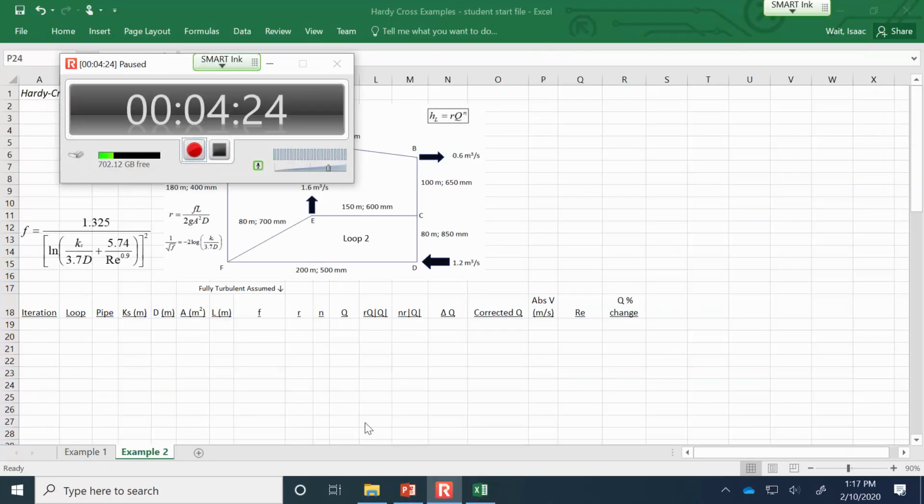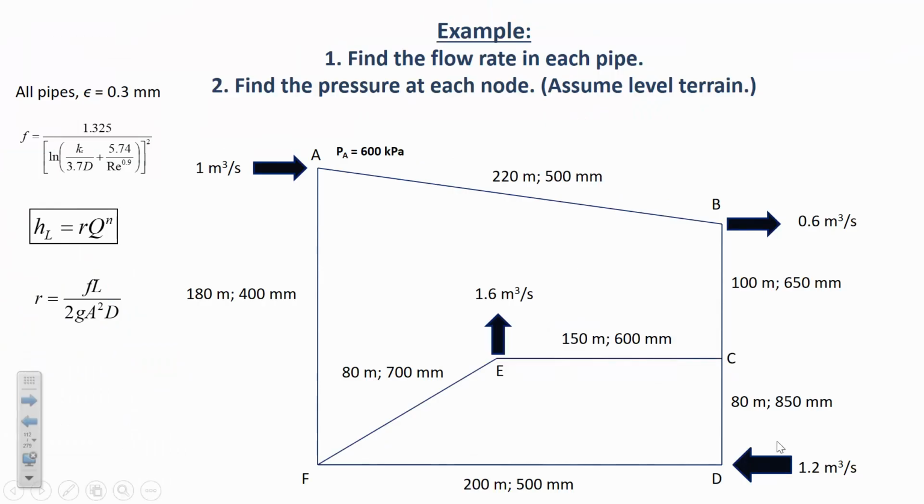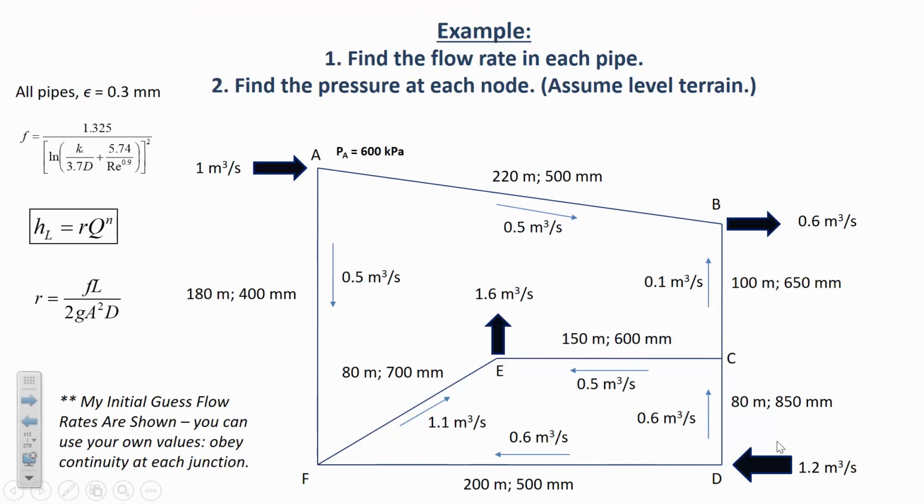Here are our initial flow rates and the initial guesses that I came up with that I'm going to be putting into my spreadsheet, but you use your own flow rates. It will work out. The flow is split half and half, and then here, this 1.2, I sent 0.6 and 0.6.